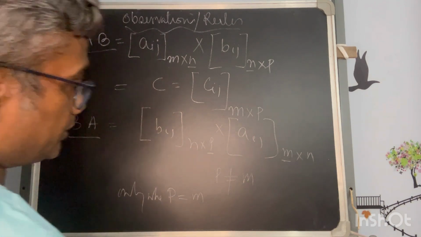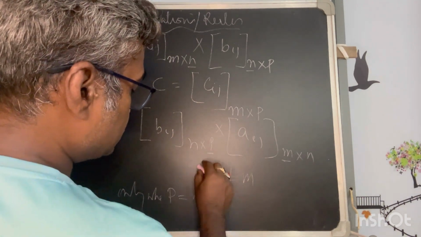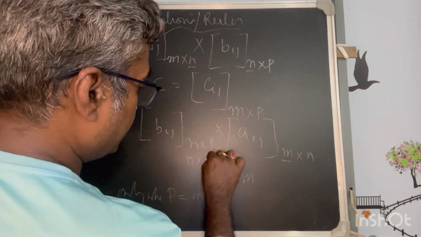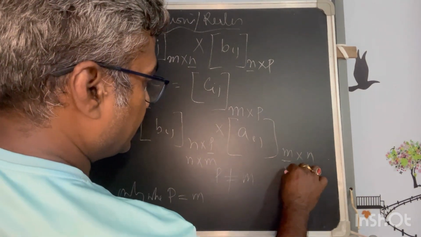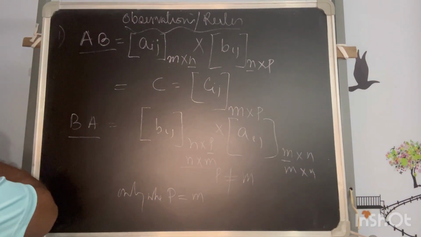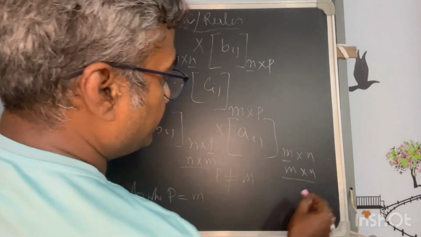What does it further mean? If I say m in place of p, and keep m, this is order of n into m, and this is order of m into n.